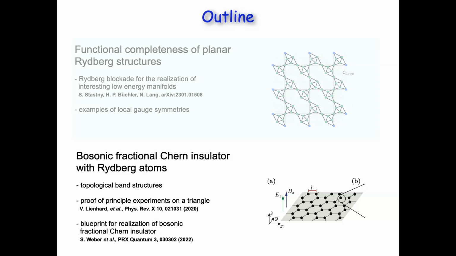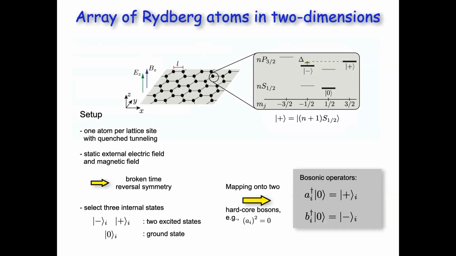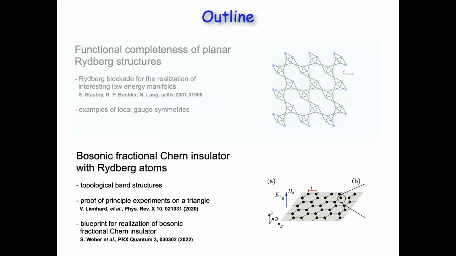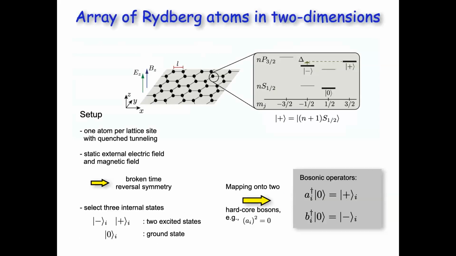Okay, so let me therefore switch my topic and tell you a little bit how we can also realize a topological phase. We have seen that there is this topological phase which one can realize on the Ruby lattice with just ground state and Rydberg state. I prefer to work in a picture where we have the dipole exchange interactions, and let me make an example where we can implement a topological phase with such Rydberg states.